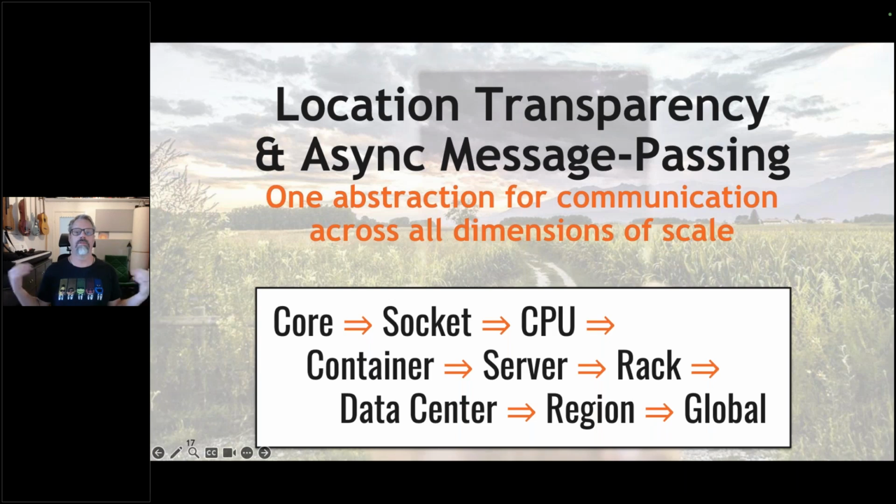It frees up our mental capacity, but it also liberates the runtime to optimize things, move data around and move components around more freely, because nothing will break as things move across all of these dimensions of scale, even physically, geographically, and so on. I hope I'm making a little bit of sense here.